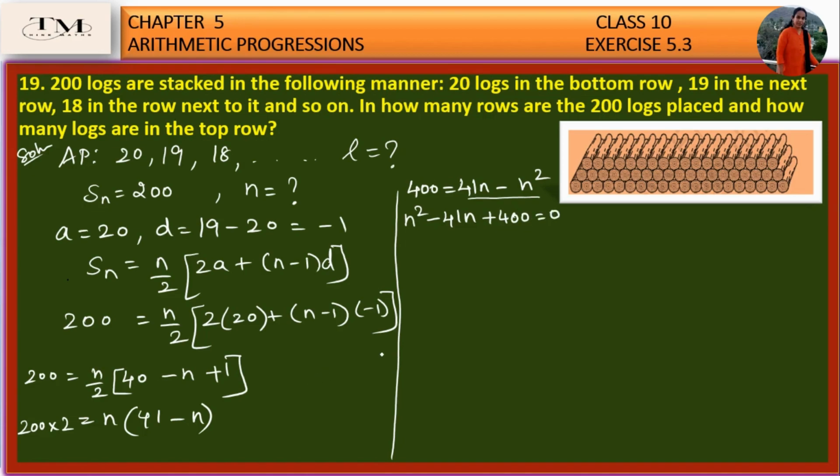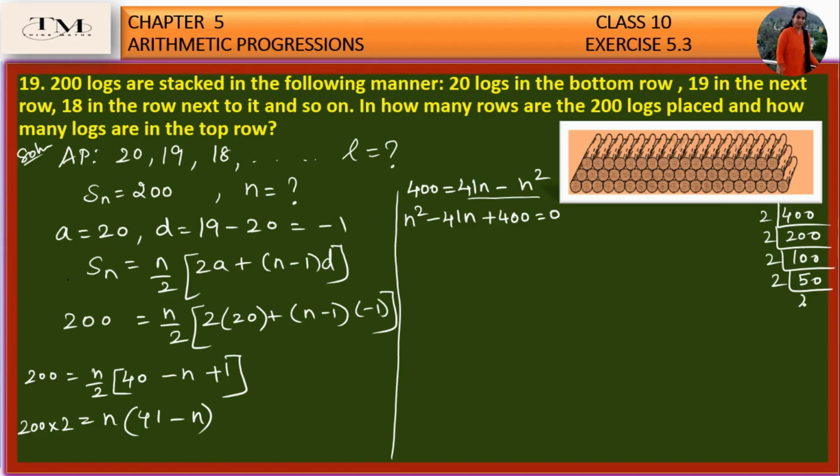So now we should find out the two terms that satisfy this. If you multiply the two terms, it should be 400. If you add, you should get minus 41. So let us form the L division. 200 divided by 2, 100. Again taking 2, 50.